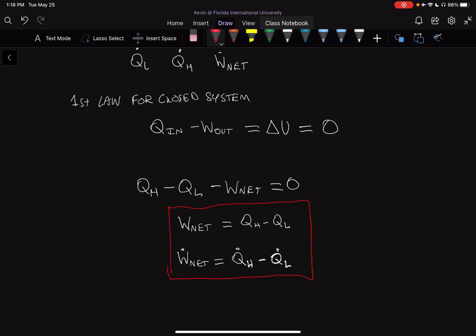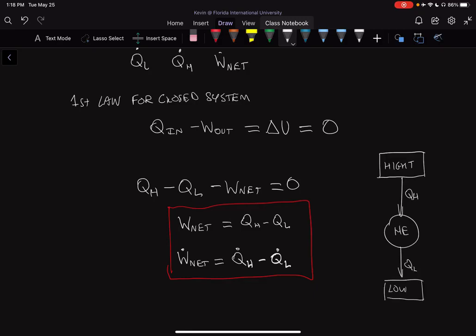And really, you can look at them through the simplified system as well. If you look at it through the simplified system, we have our high temperature, we have our QH coming in, we have our heat engine, we have our QL coming out, and our low temperature system. And here we have a work net. If we did a first law analysis on this system right here, if we looked at what was crossing the boundary, we would get the exact same thing.